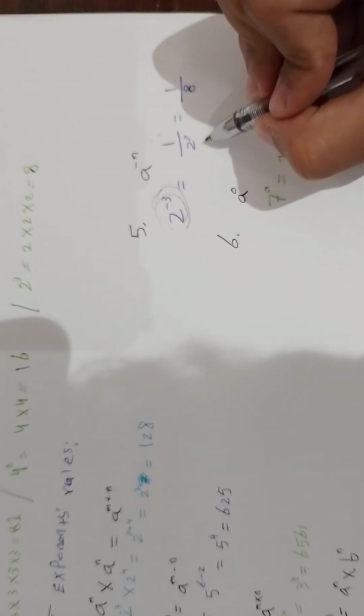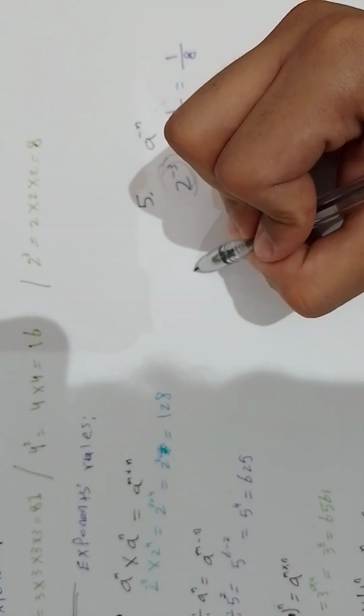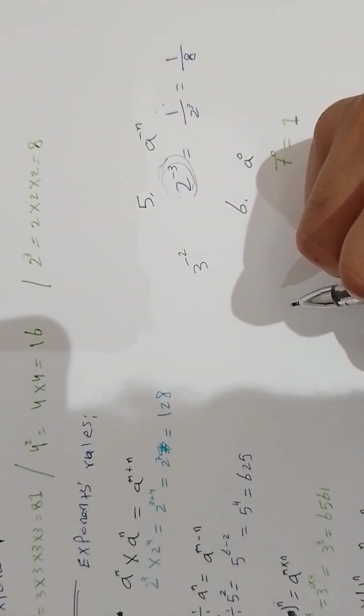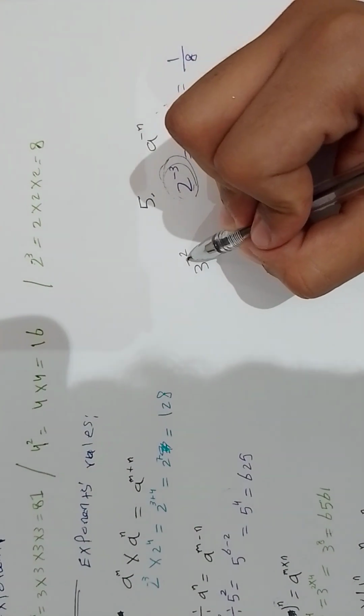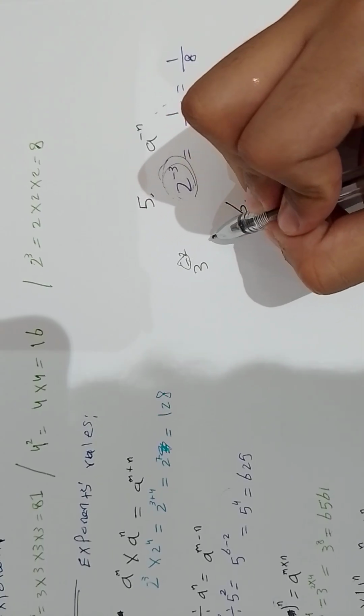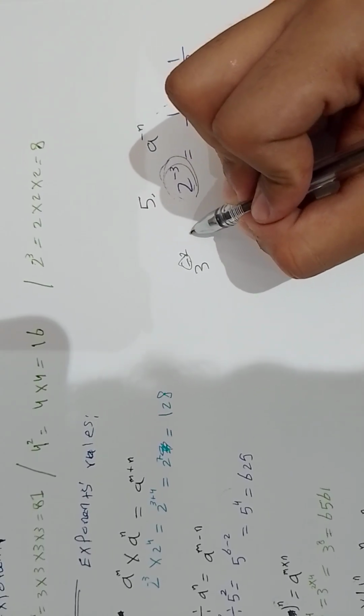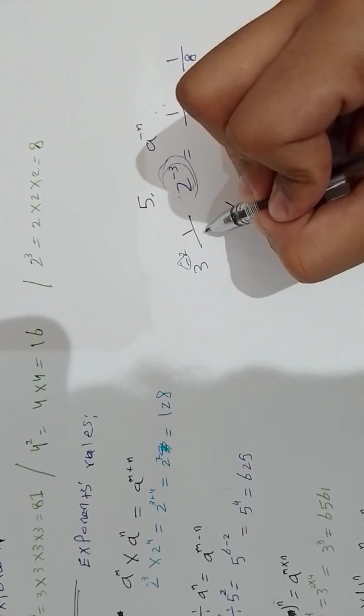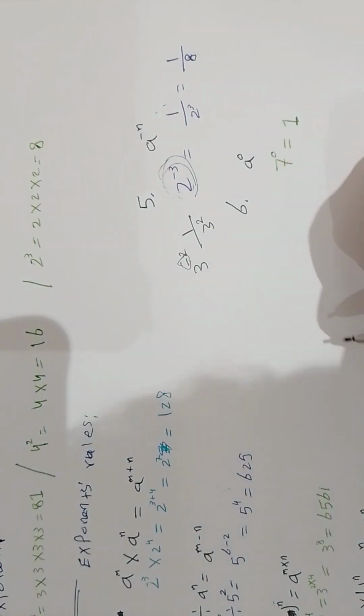Another example, let's take 3 to the negative 2. If you see this negative sign, you should flip and write 1 over 3 to the 2, without the negative sign. Okay.